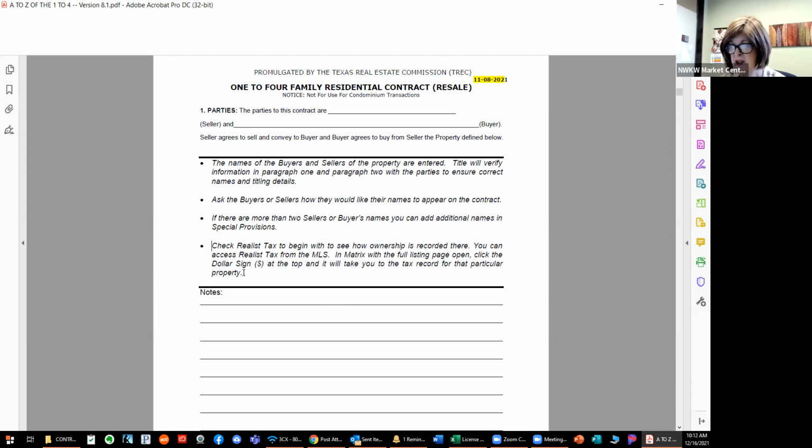It just means something was bought and wasn't registered timely, or something with the tax people. So just get their names straight, and not so-and-so and wife, or so-and-so and husband. That is not sufficient. You must have the names of everybody. And if there's not enough room to put the names on here, like this little short line for seller, you can always put them in the special provisions, and in special provisions, you can put all the names that go in paragraph 1. You can do that. Okay.